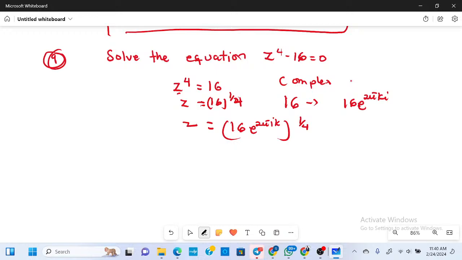So at this point, I'll have z equal to 16 to the power 1 out of 4 multiplying e to the power, this will multiply everything here, 2 pi ik all over 4. So 16 to the power 1 out of 4 is simply what, 2, right? And I'll have e to the power pi ik on 2.